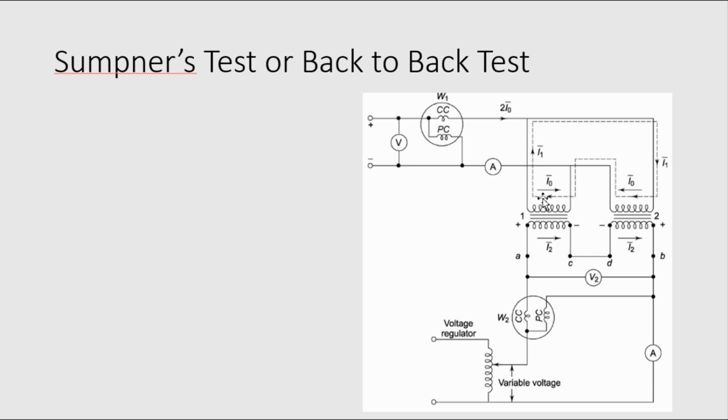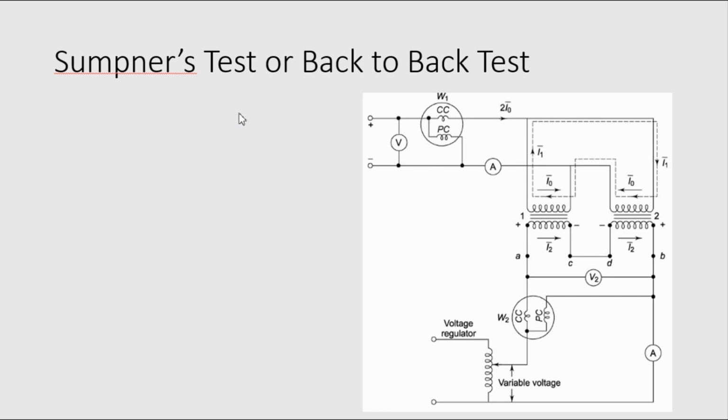So open circuit test in the primaries, short circuit test in the secondaries. Here the first condition is that the two transformers should be identical, so that the losses registered in these two wattmeters can be divided to get the loss for one particular transformer.